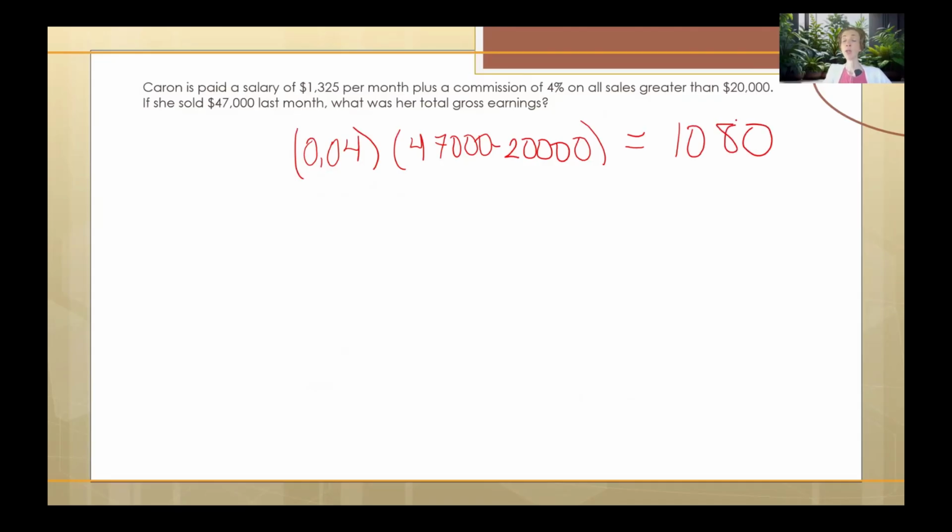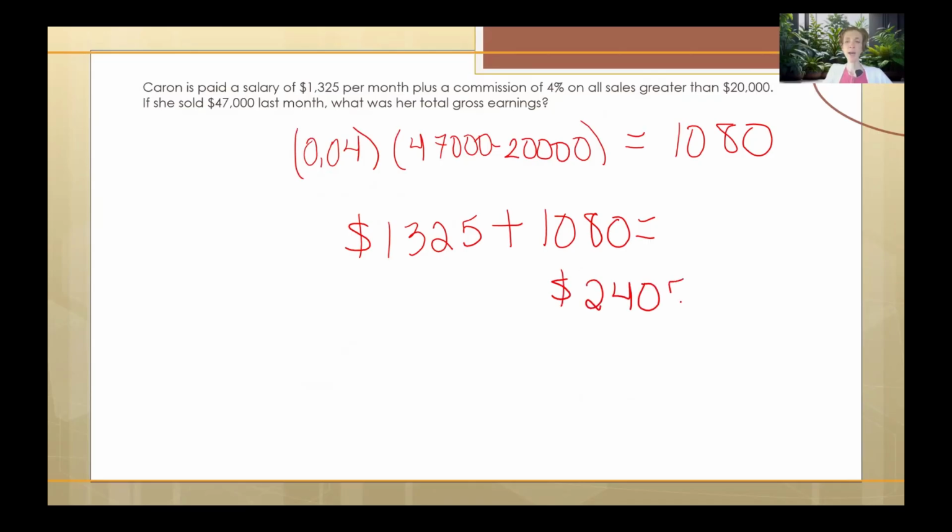So that would be her commission, right? The amount she earned from commission. And then her salary is $1,325 plus her commission. So our total gross earnings then would be $2,405. Okay. All right. Very good.